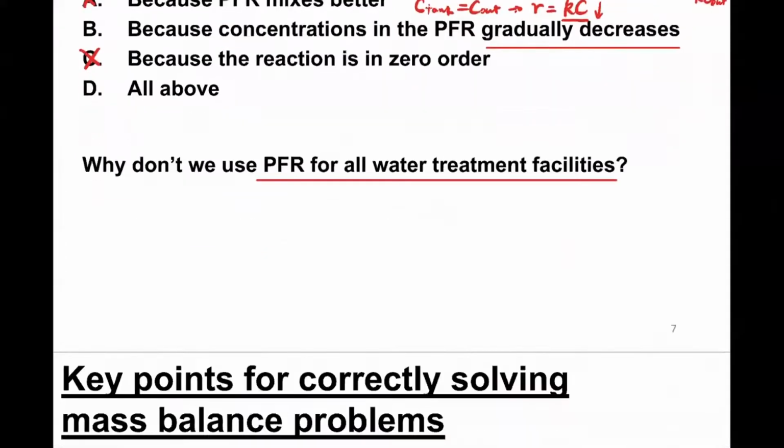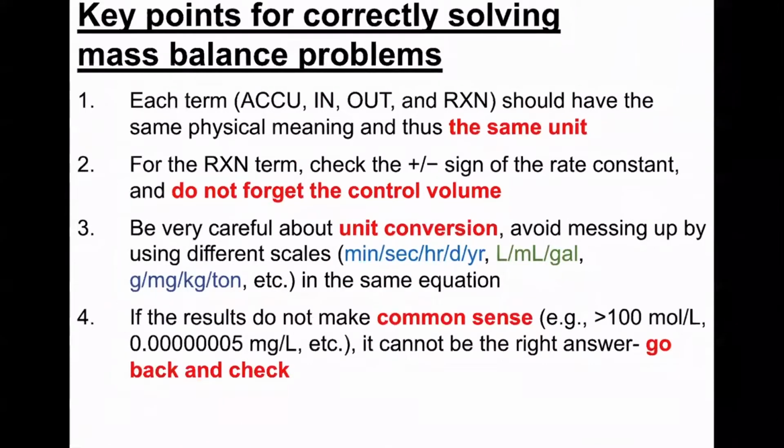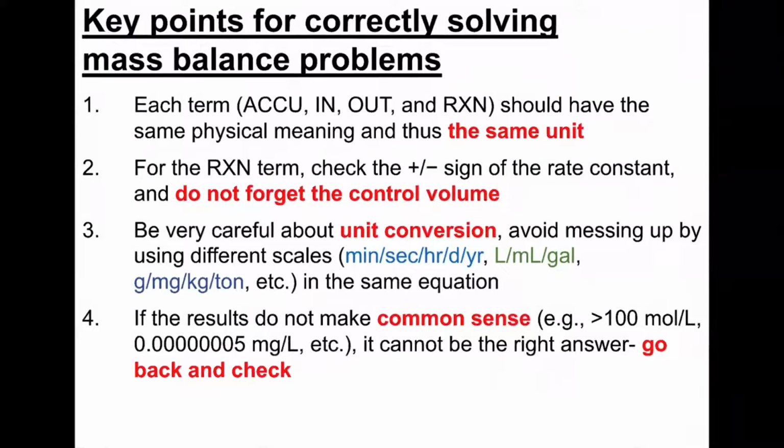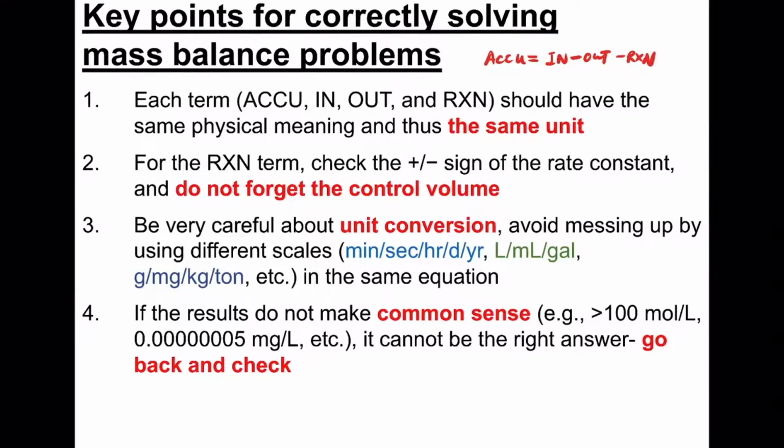Okay, so here I want to point out that since this chapter we learned mass balance, right? So we showed that the most basic equation for mass balance is accumulation equals in minus out minus reaction. You can see that for your homework problems, or in the future, we're going to use this equation quite a lot.